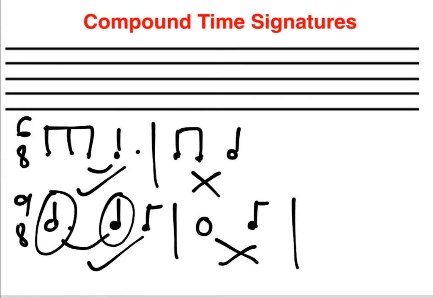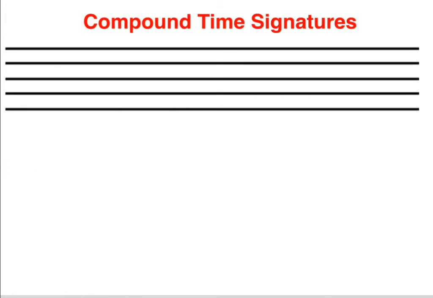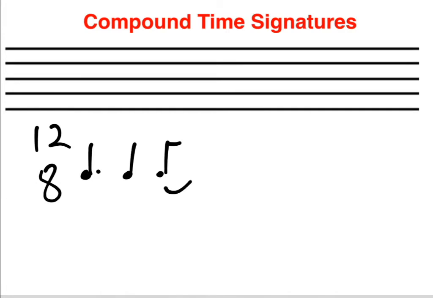Probably one more example just to show you how ties are used. Say you're in 12/8 and you have a dotted crotchet followed by a crotchet, a quaver, tied over to another quaver. Yeah, that could work. So 1, 2, 3, 4, 5, 6, 7, 8, 9. I'll just finish it off with another.